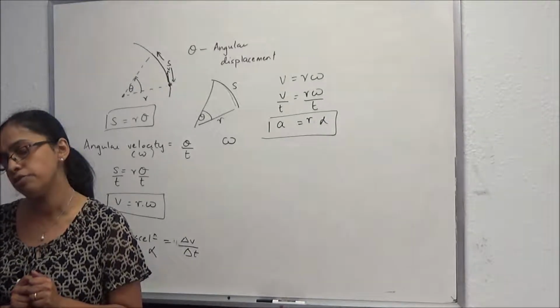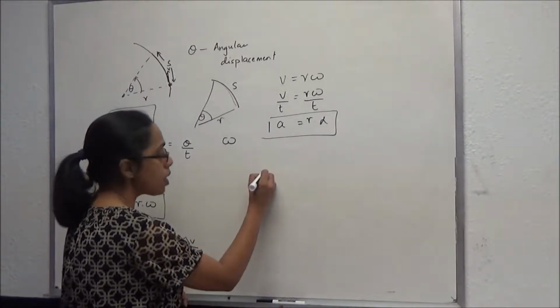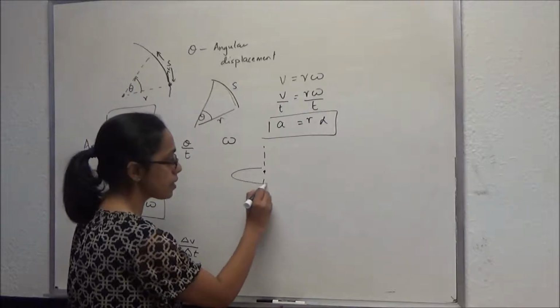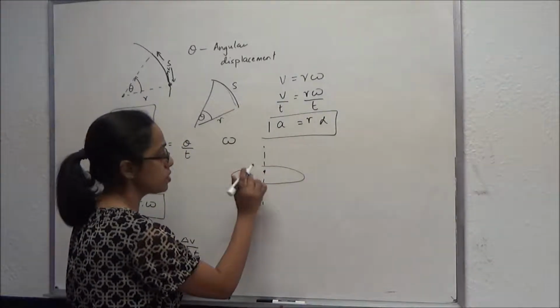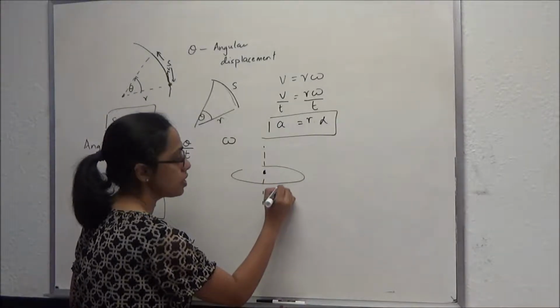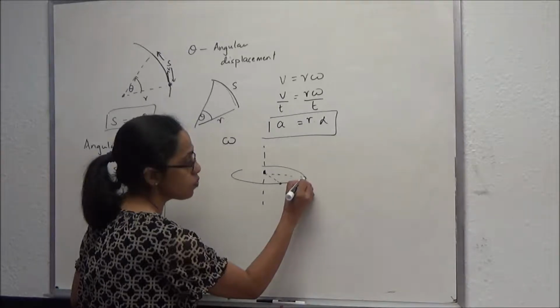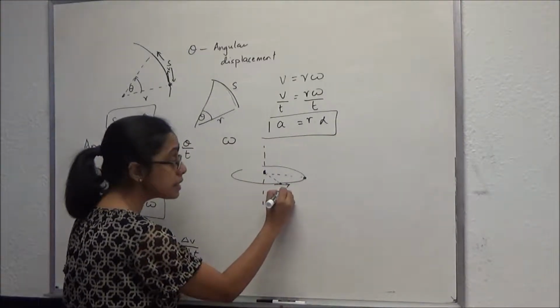Sorry, omega and alpha. Okay, I'll tell you without wasting time. Now I'm going to draw this once again so that you can have a three-dimensional idea of this. So this is the circular path. Assume the particle is moving like this. So this is the instantaneous velocity.